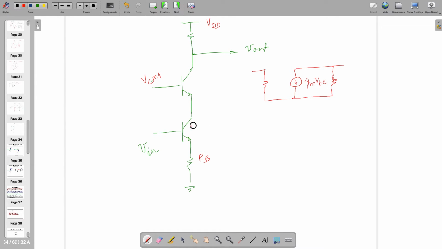Right? Let's call this one Q1, Q2. So let's call this one R pi 1, GM1 VBE1, and this one is called RO1. Draw the identical network, copy it, connect it at appropriate places. So Q2 has this small signal model.